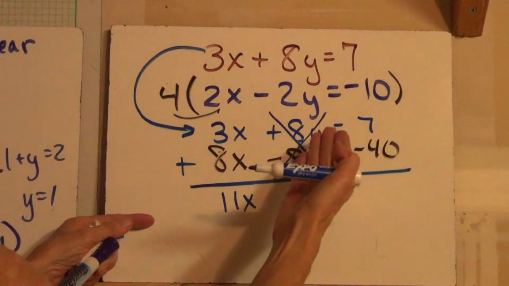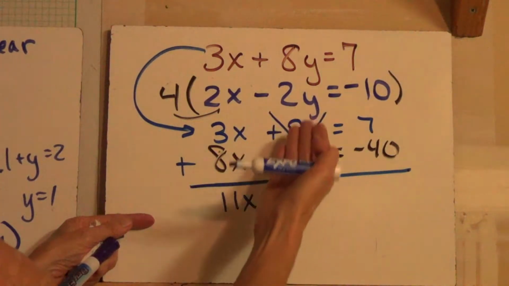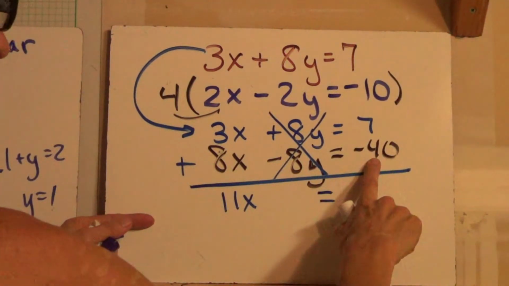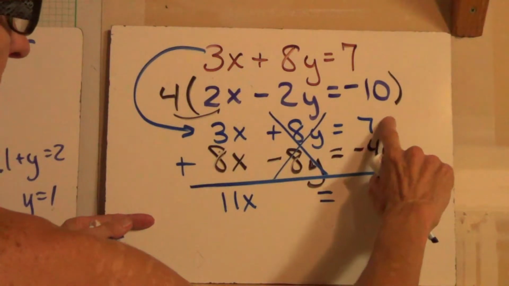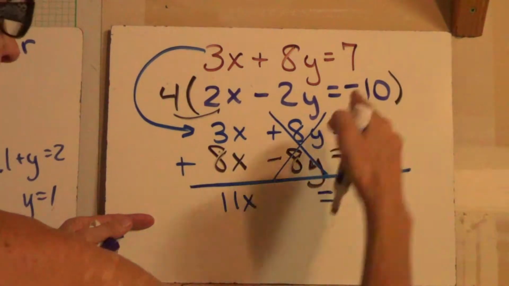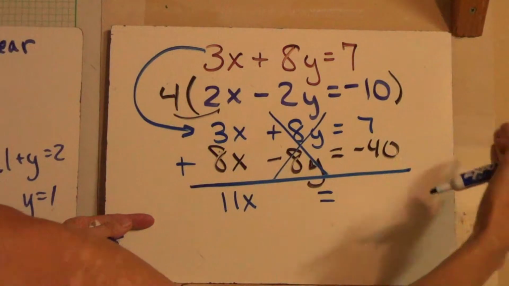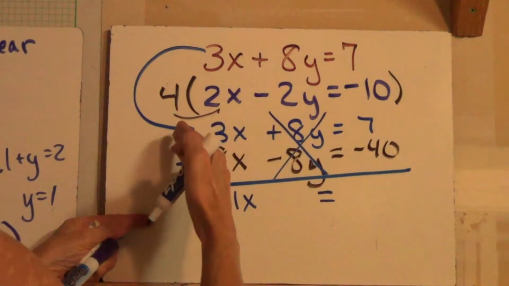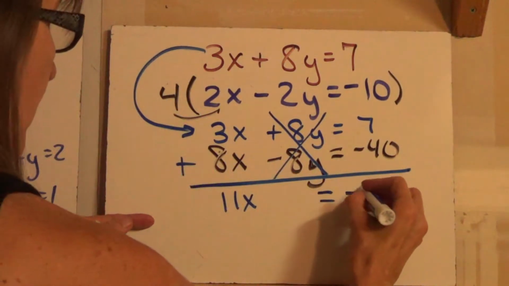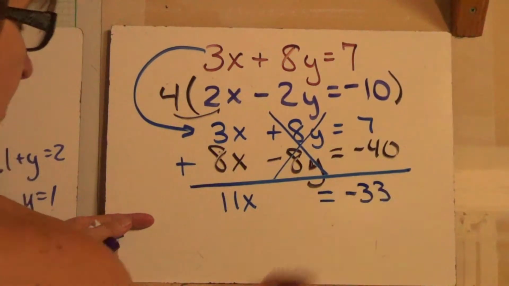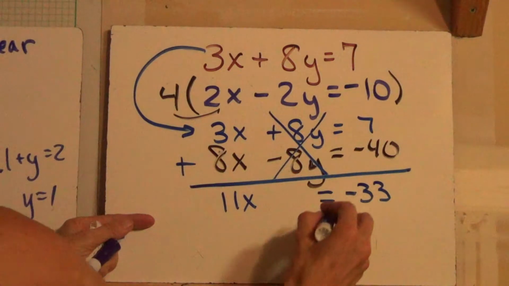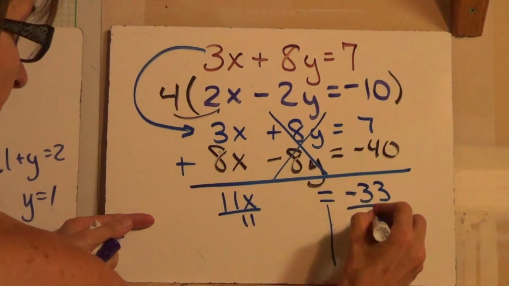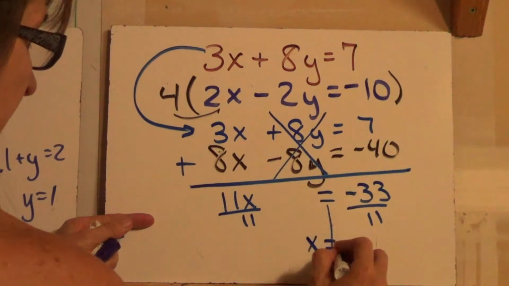This is called elimination, because we eliminated the y's. 7 plus negative 40, remember these would be a different color, or you're up here at 7 on the number line. When you go backwards 40, you're going to be at negative 33, or you'll have 33 red tiles left. Our last step here, this is being multiplied, so we divide by 11. And we end up with x equaling negative 3.